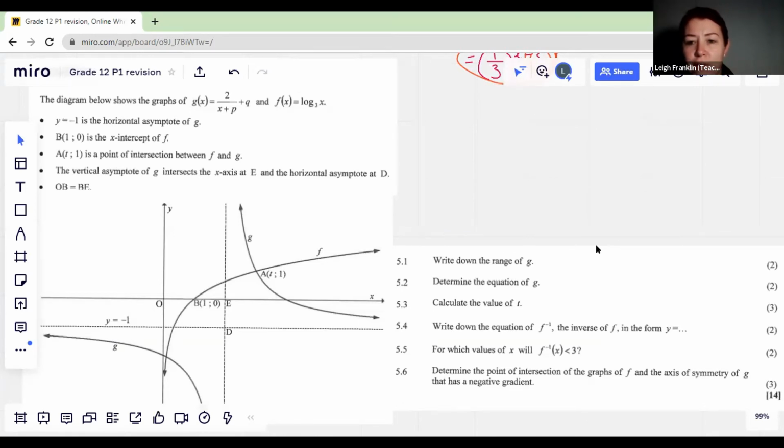What do you think? So it's range and the equation of G. It's just a hyperbola. Just give it a try. Even if you don't get it right, it's not the end of the world. And of course, if you get stuck, just ask me, okay? But just try it on your own.